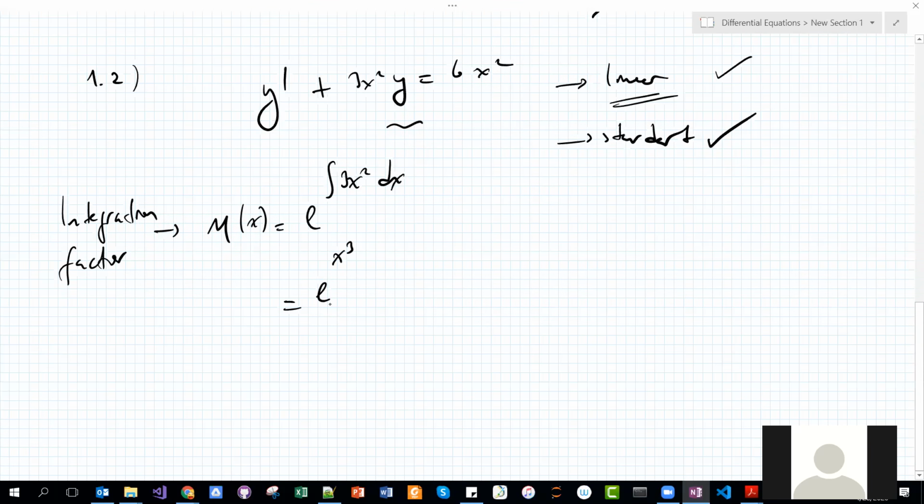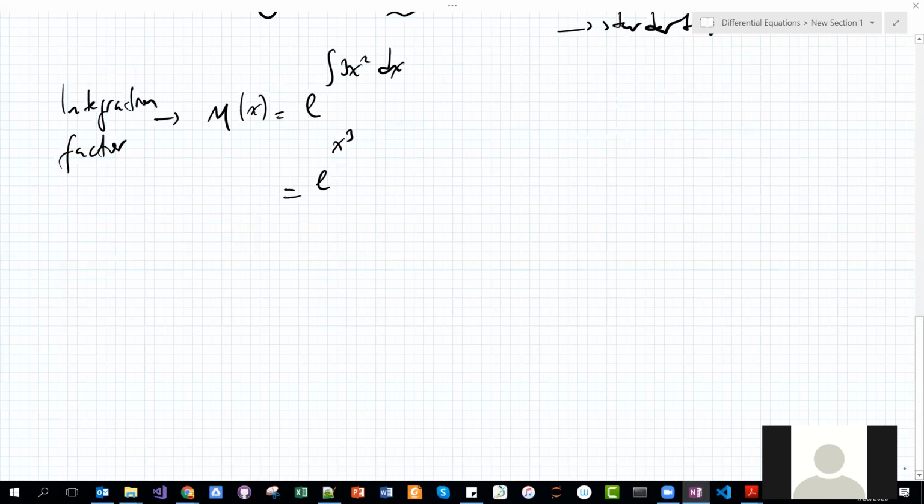After finding the integral, what I should do is multiply this integral by y. That's going to be my left-hand side. If you remember, I was trying to have the product rule on the left-hand side so that I can integrate.